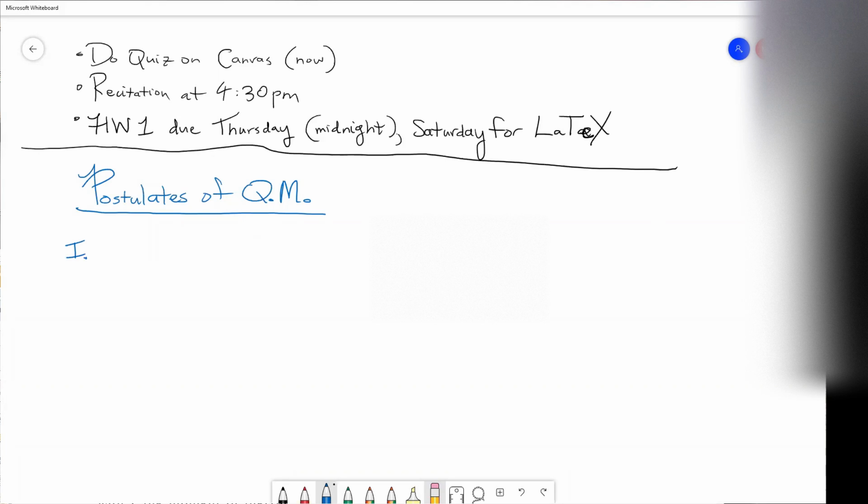So the first postulate is any system is fully specified by a vector in a Hilbert space.